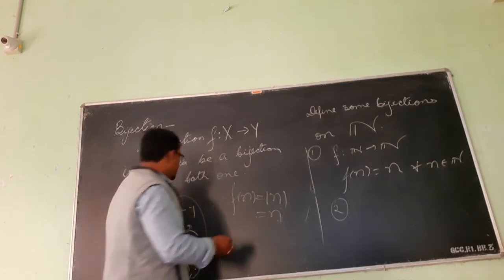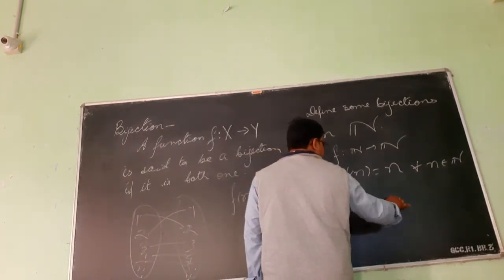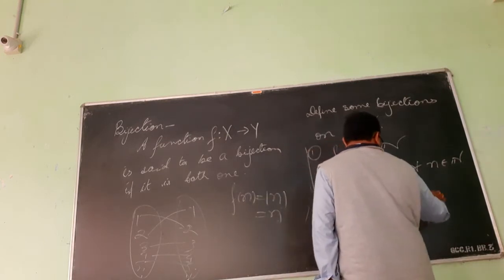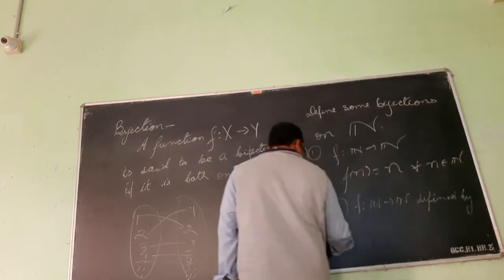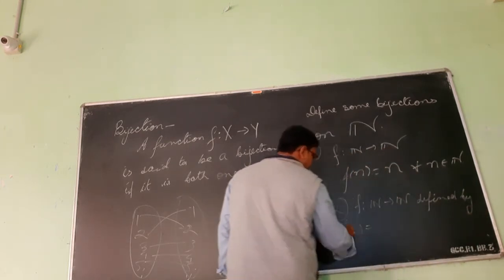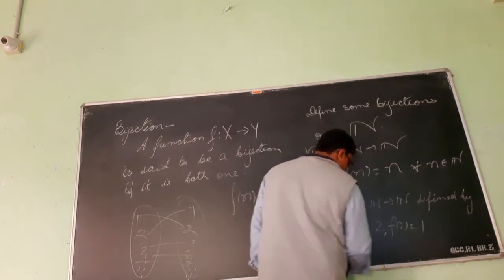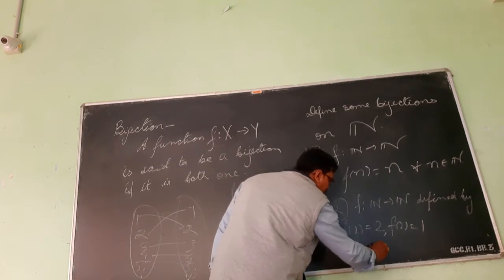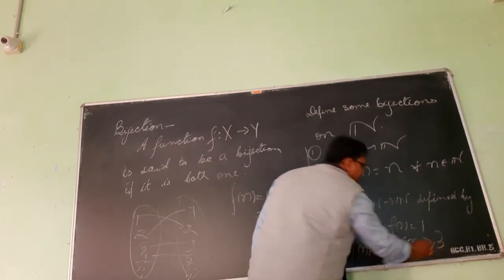So this function, how will you define f from N to N? Defined by f(1) equal to 2, f(2) equal to 1, and f(n) equal to n for all n greater than or equal to 3.